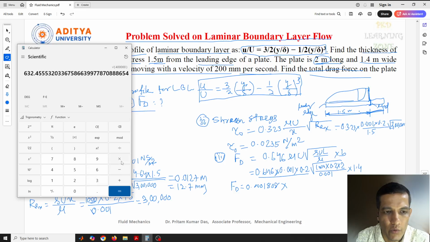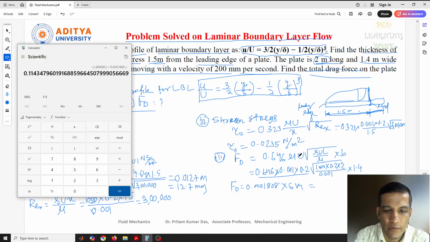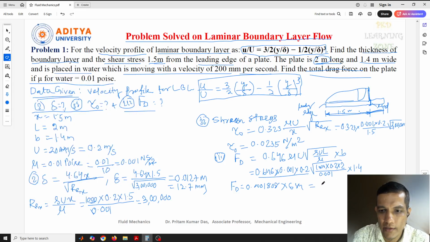So 632 into 0.0001808, and finally we get 0.114. So the drag force we got here is 0.114 Newton. This is for one side.